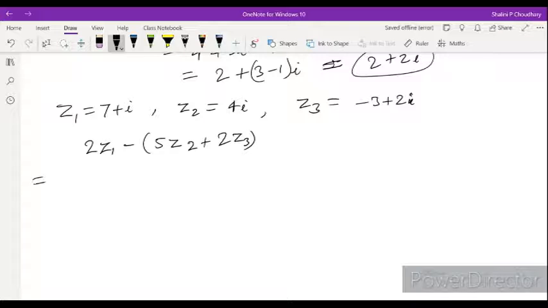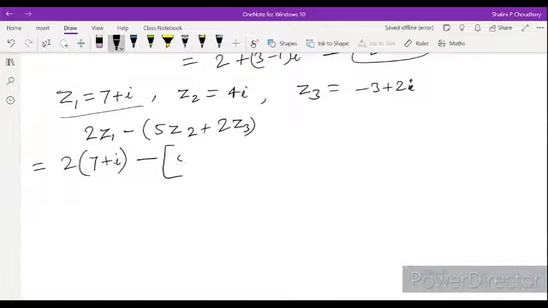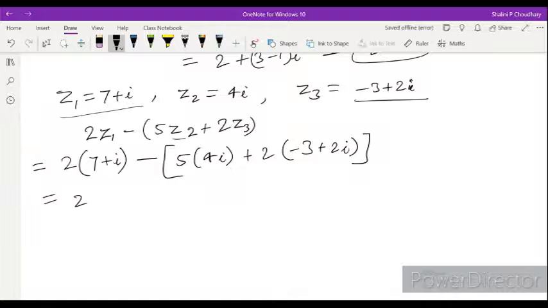So 2 into z1, that is 2 into 7 plus i, minus 5 into z2, 5 into 4i, plus 2 into z3, minus 3 plus 2i. Now solve this. 2 into 7 will be 14, plus 2 into i will be 2i, minus 5 into 4, 20i, minus 2 into minus 3 will be minus 6, and 2 into 2 will be 4i.